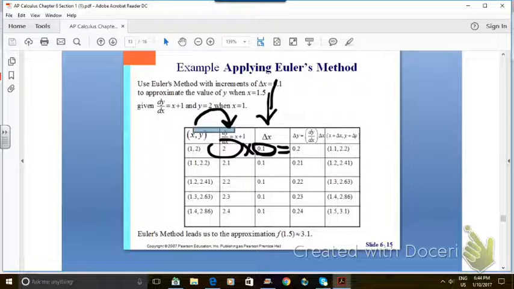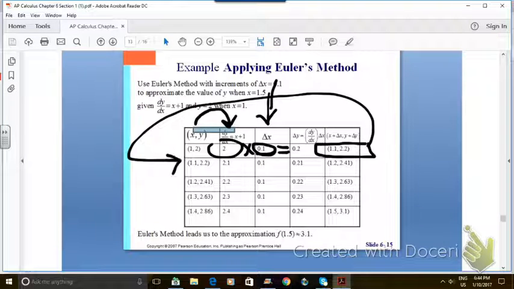That equals this one, the delta y. So we're going to add 0.1 to the x, and you're going to add whatever the y was plus the delta y. So 2 plus 0.2 is 2.2, and so on. And you do that for each new point that you're starting with. You always start with the point here, and you apply the process again. Notice that this point becomes the next one, and so on.